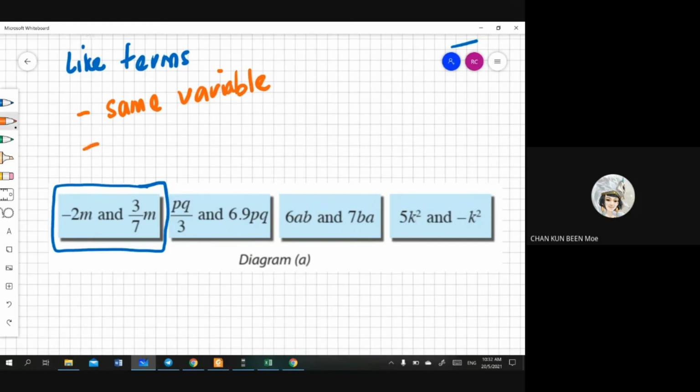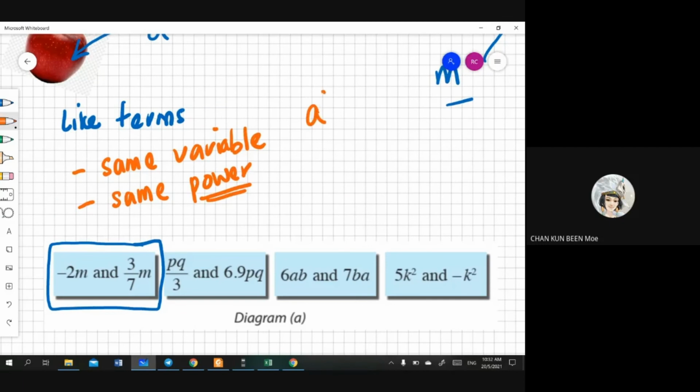Another thing, their power must be the same. Do you know what power is? We can call this exponent also. For example, a squared and 2a squared. If the variable is the same, not only that, we have to refer to the power. If the power is still the same, then they are like terms.